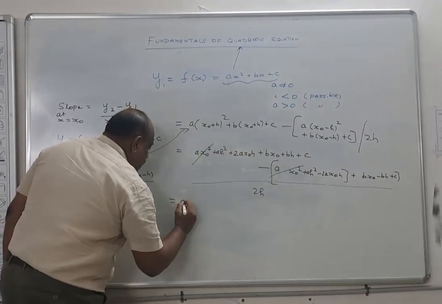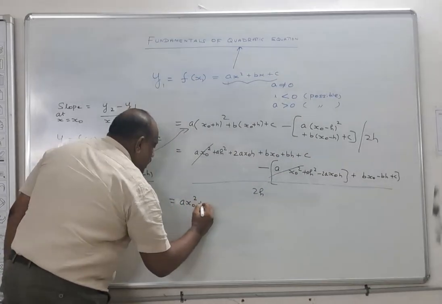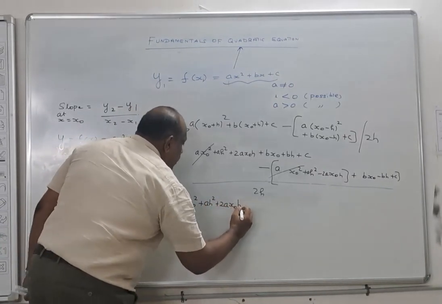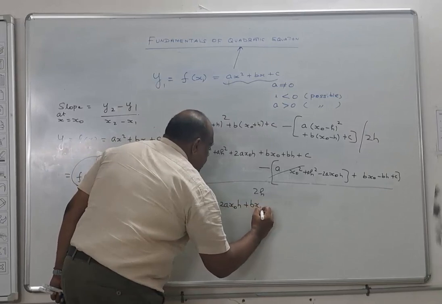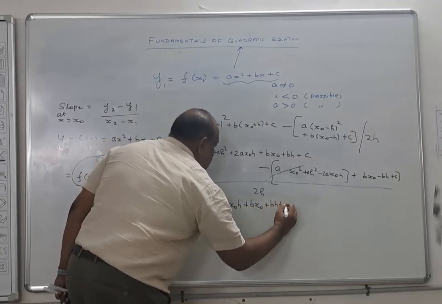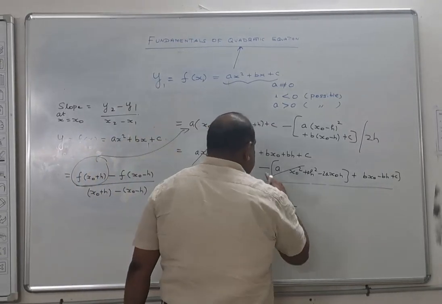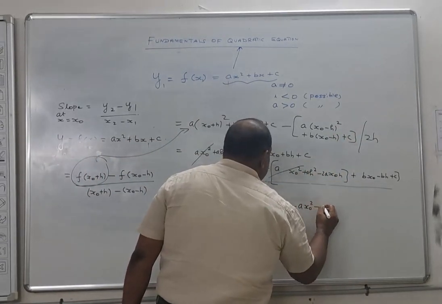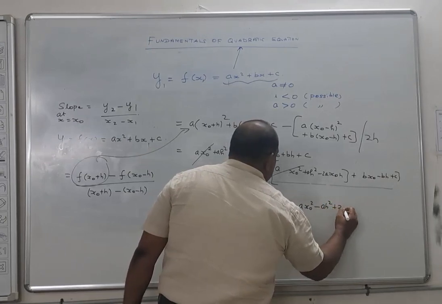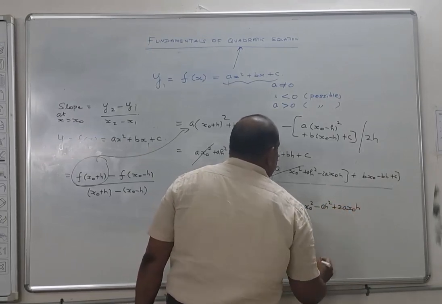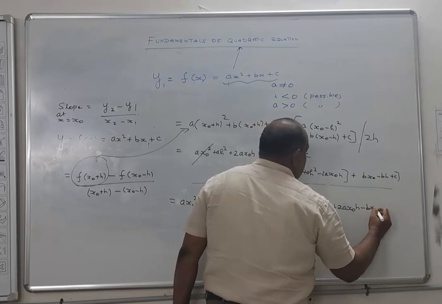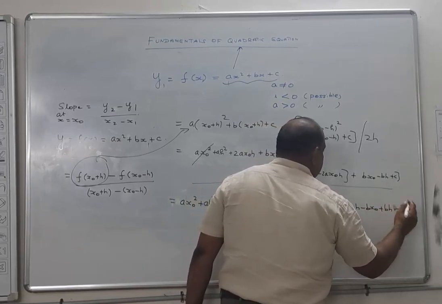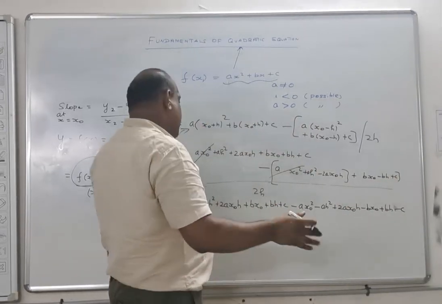A into x naught squared plus a h squared plus 2a x naught h plus b x naught plus bh plus c, minus a into x naught squared minus a into h squared plus 2a x naught h minus bx naught plus bh. Sorry, it will become minus. Whereas positive you put negative, whereas negative you put positive.